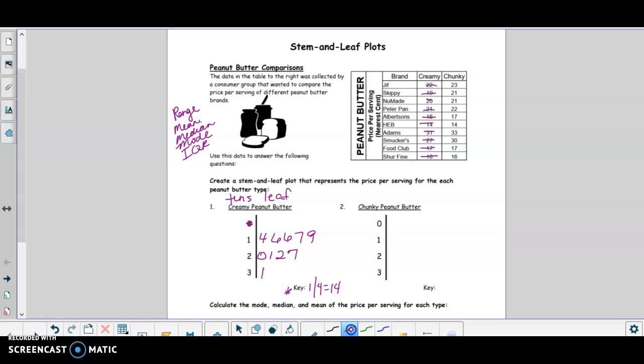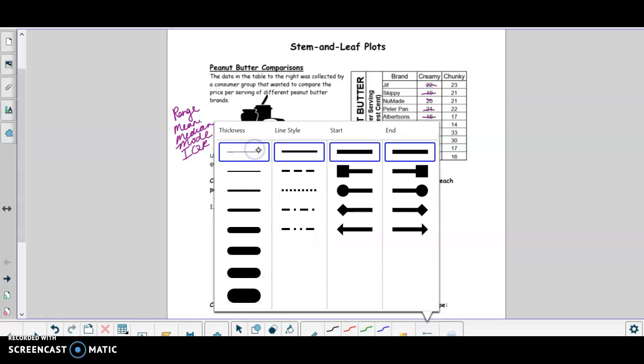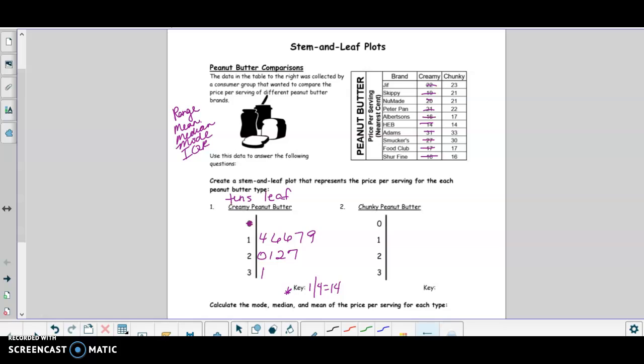We're going to do the same thing on chunky. This one, again, we don't need our 0 because we don't have any in just the pennies. So in the teens, I have a 16, I have a 17, a 14, and a 17. So we're going to again start with 14, 16. Now I have two 7s this time because I have two 17s. Last time I had two 16s.